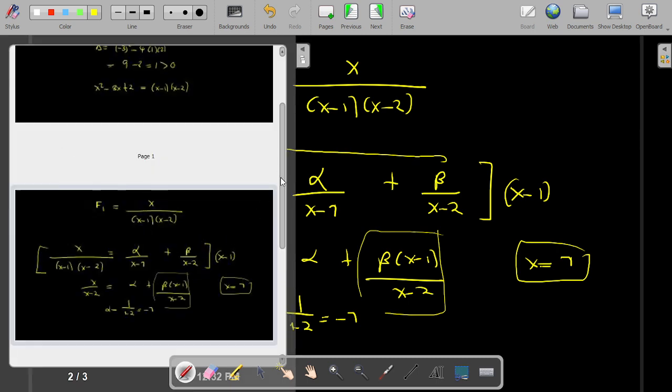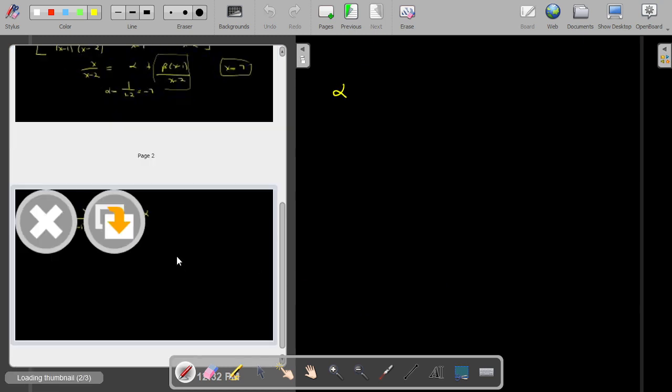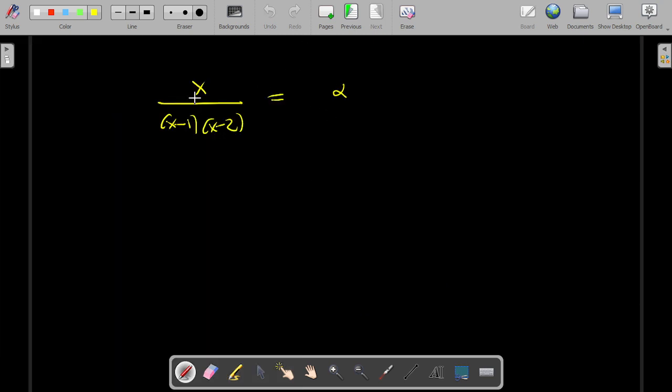So that is what we've done here, in case you guys are lost. Here we have x divided by x minus 1 multiplied by x minus 2 equals alpha over x minus 1, plus beta divided by x minus 2. Now we're going to multiply by the linear factor, the denominator in the fraction beta divided by x minus 2.